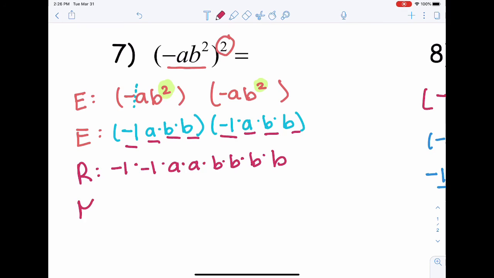So now that I multiply, negative 1 times negative 1 is positive 1. I have 2 a's and I have 4 b's. Okay, or I can write this as a to the power 2 and b to the power of 4.